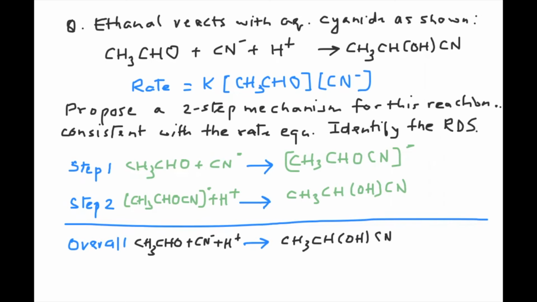Now if you cancel things on opposite sides that are the same, you will be left with an overall equation that matches the one that's given in the question. And your step 1, which is your slow step, will use 1 mole of ethanol and 1 mole of cyanide, which is consistent with what is used in the rate equation.